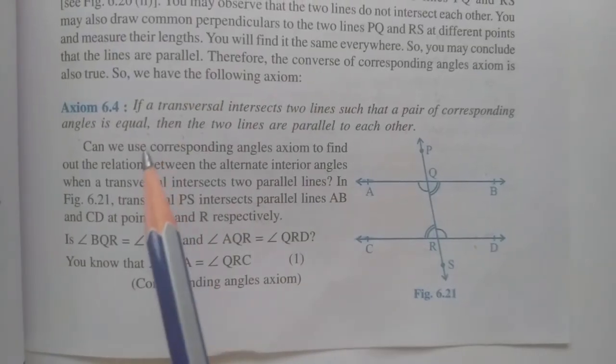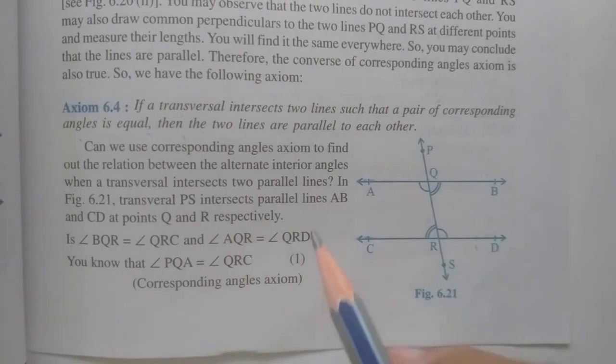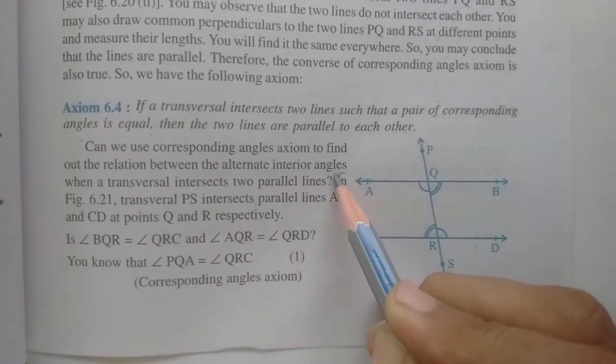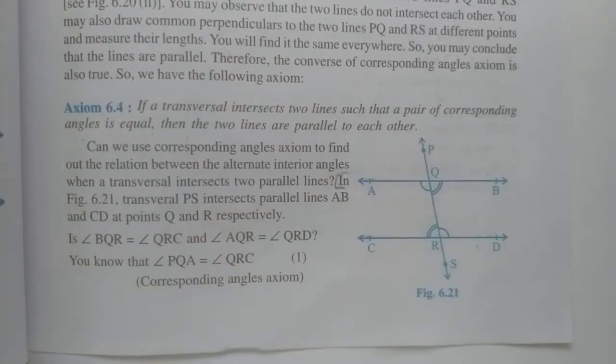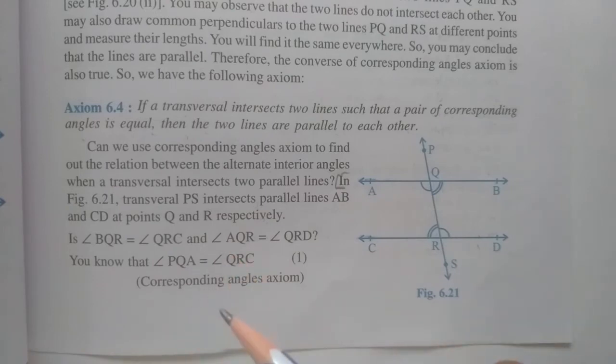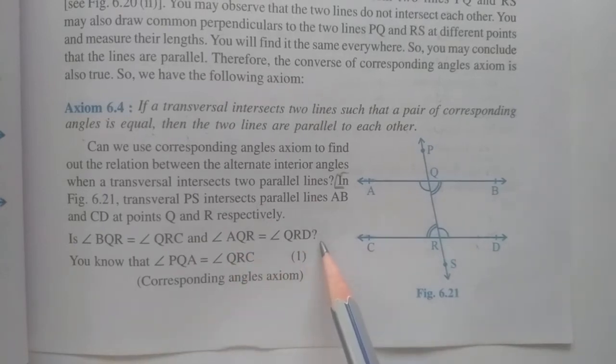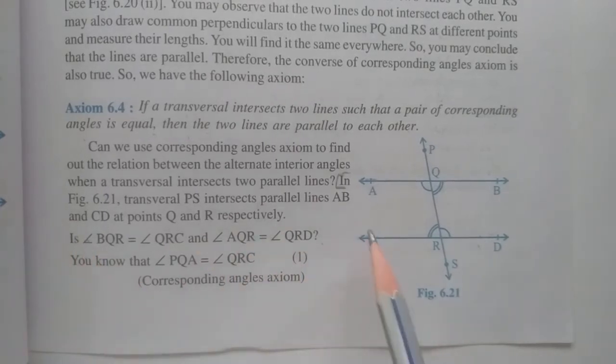Children, the word proof is not given, but from this it starts. So you have to write yourself. Here it is in explanation form, not rather in proof form. Here a question mark is there, so you have to remove it. Then you can write yourself.